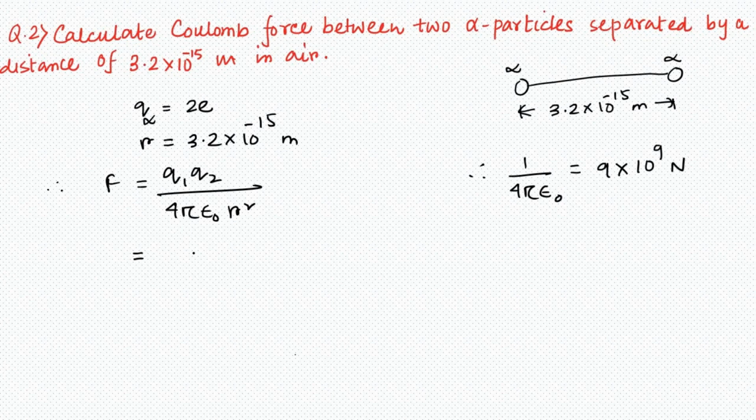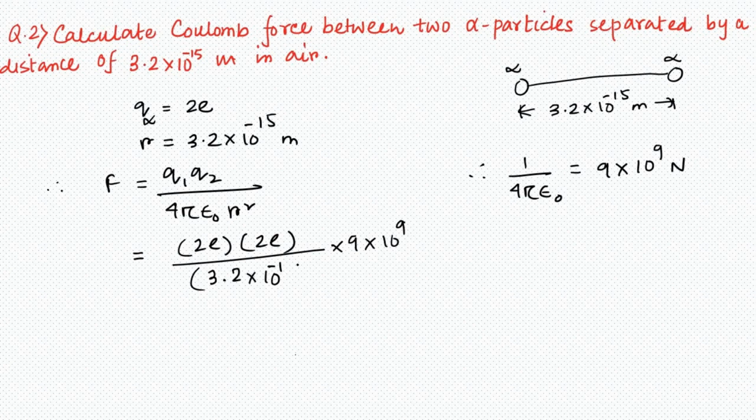So first this is 2e into 2e, and the value of 1 by 4 pi epsilon naught is 9 into 10 to the power 9 divided by r square, which is 3.2 into 10 to the power minus 15 square. So this is 4e square.